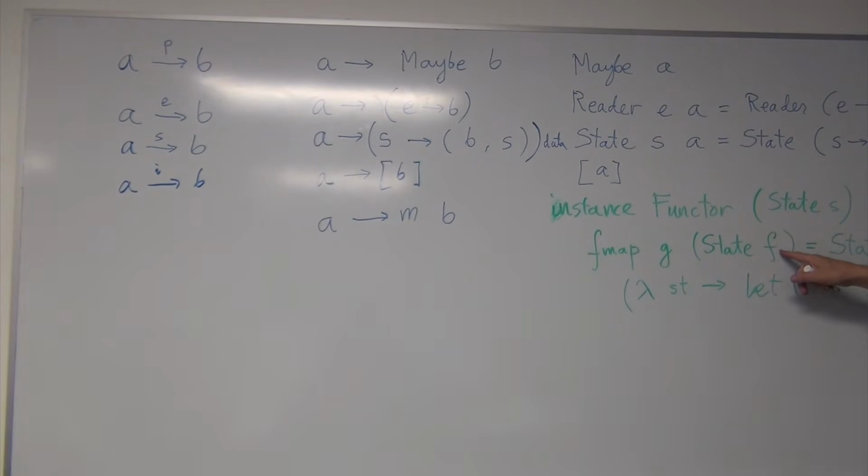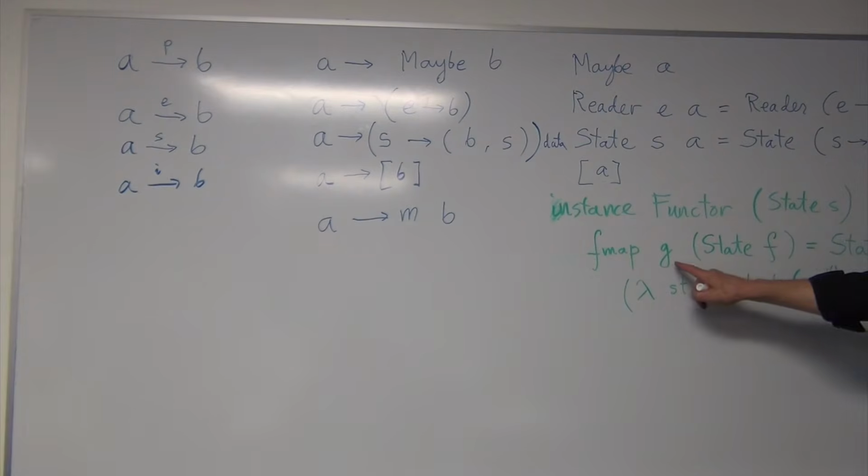So, am I right? F goes from S to a pair of A and S. Right. So I've done this. Now I want to apply G to A. And let's call the result something else.